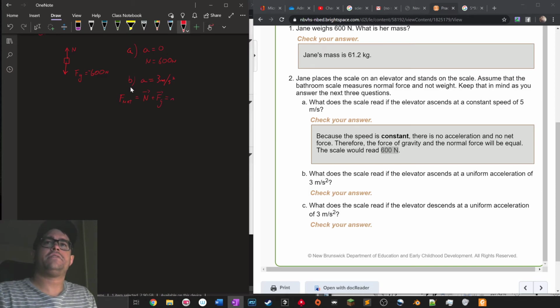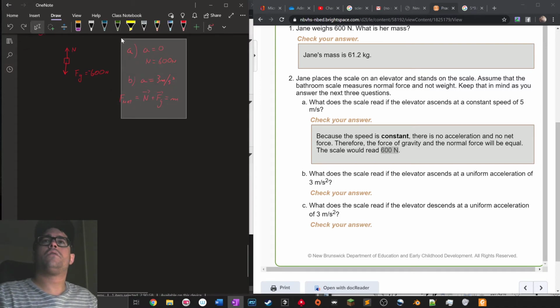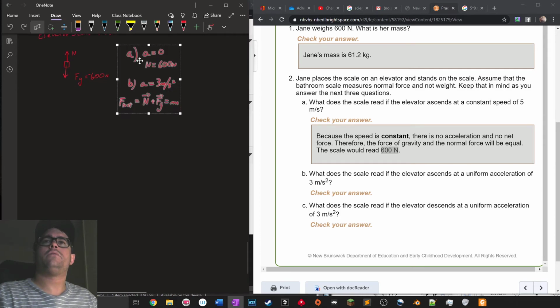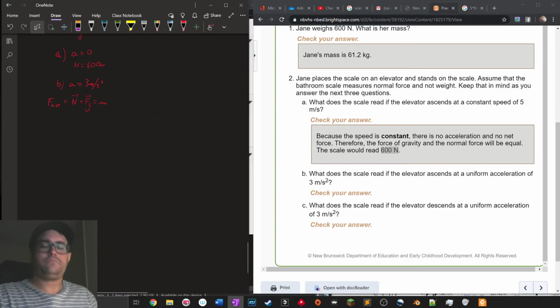The result is m times 3. So the result is the acceleration. F net is equal to ma. And the net force is those added together.